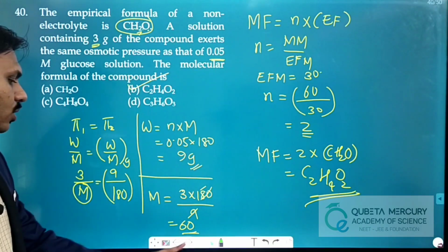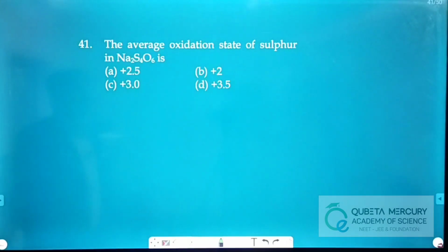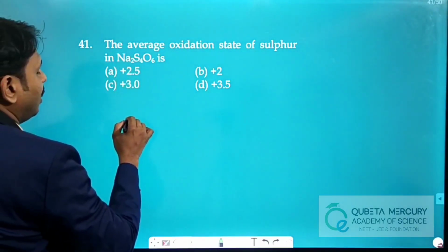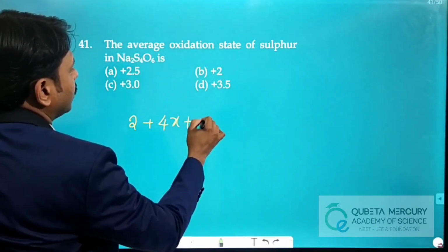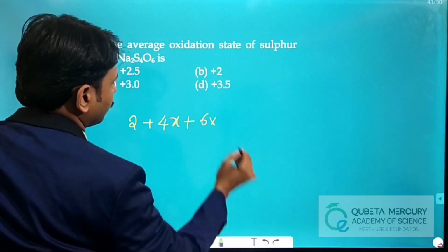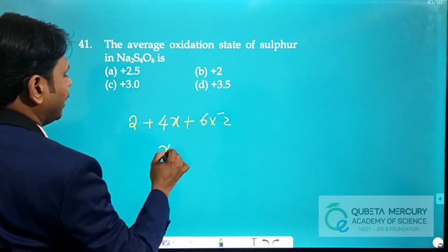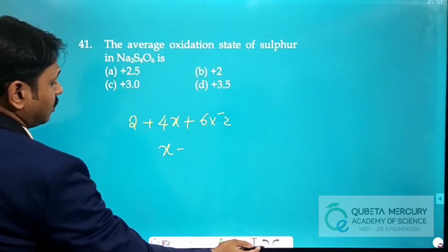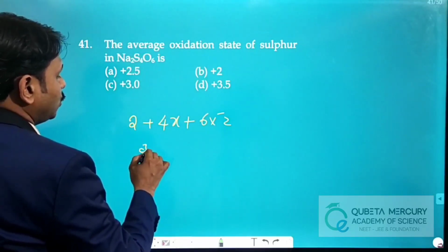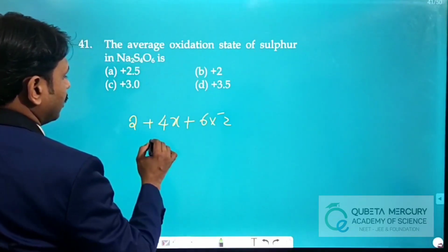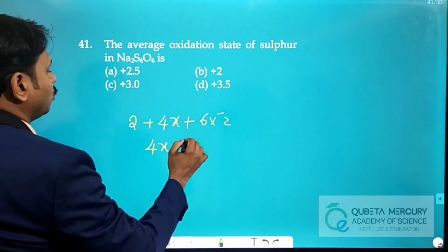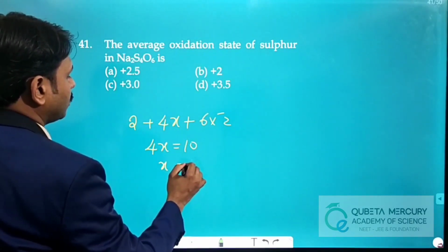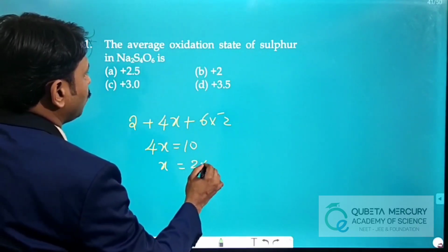Okay, moving on. The average oxidation state of sulfur in Na2S4O6. Sodium will have +1 oxidation state, so 2 plus 4 into X plus 6 into -2 equals 0. Simplifying, 4X equals 12 minus 2, that is 10, so X equals 10 by 4, that is 2.5.